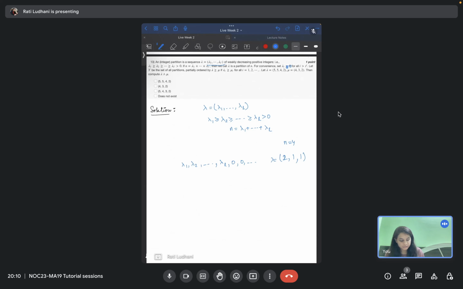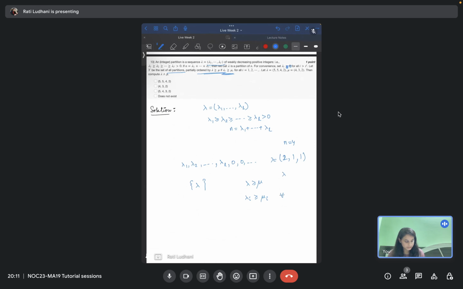Let Y be the set of all partitions, partially ordered by lambda greater than or equal to mu. Basically you collect all the lambdas of such kind and take this set, and two elements are related by lambda greater than or equal to mu if lambda i is greater than or equal to mu i for all i.